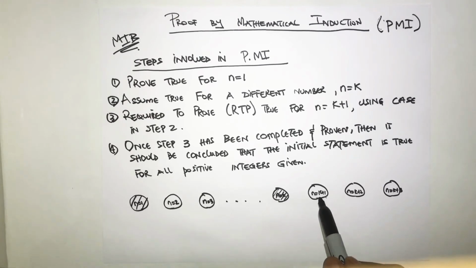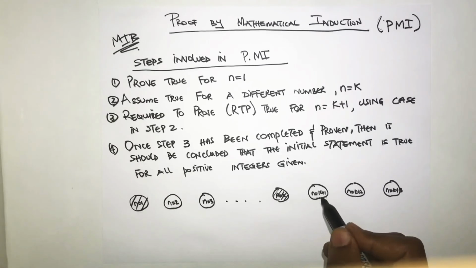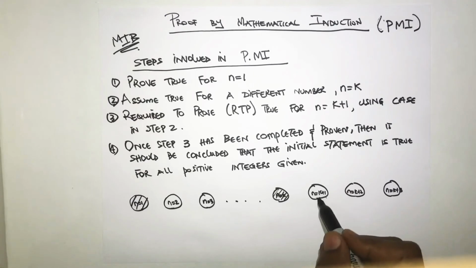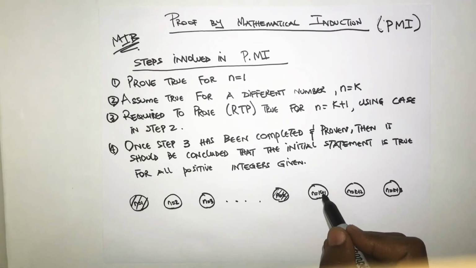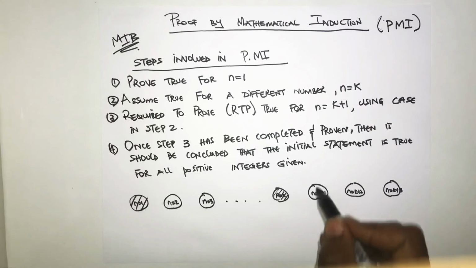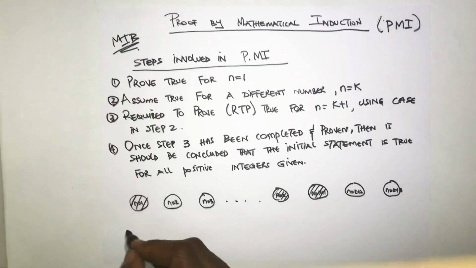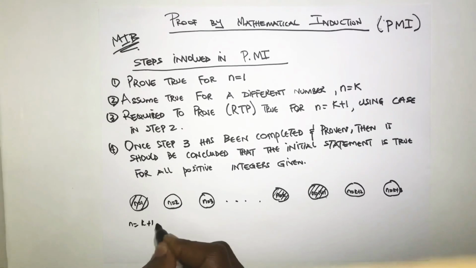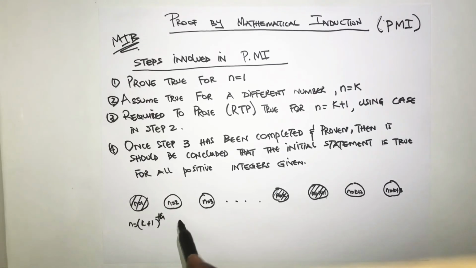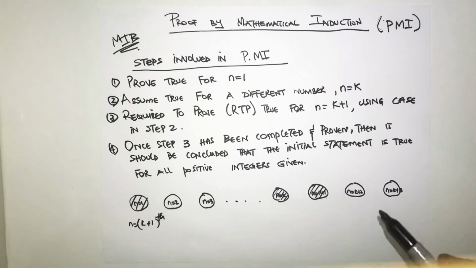Therefore, if it knocks down n equals k plus 1, it can be shown that n equals k plus 1 is proven true as well. Now if n equals k plus 1 is proven true, then it continues to knock down all the subsequent dominoes in that train. So once the k plus 1th term is proven true and everything falls, then it is reasoned that all the dominoes after will also fall.